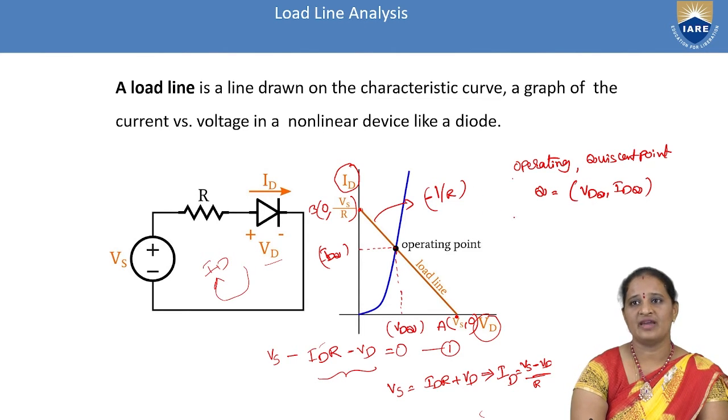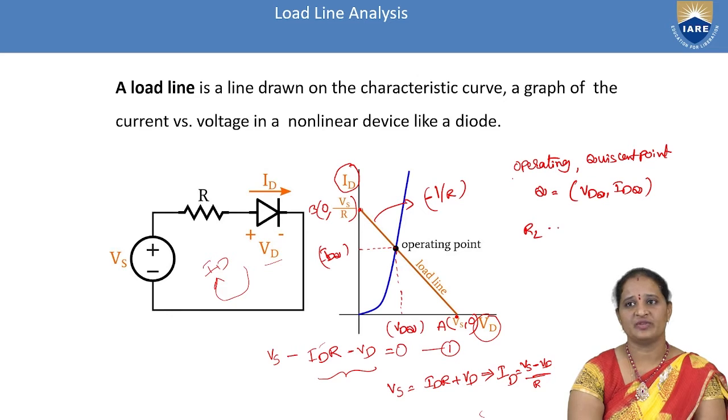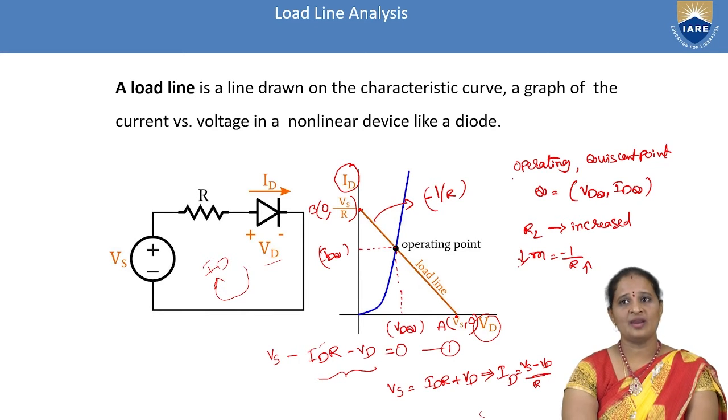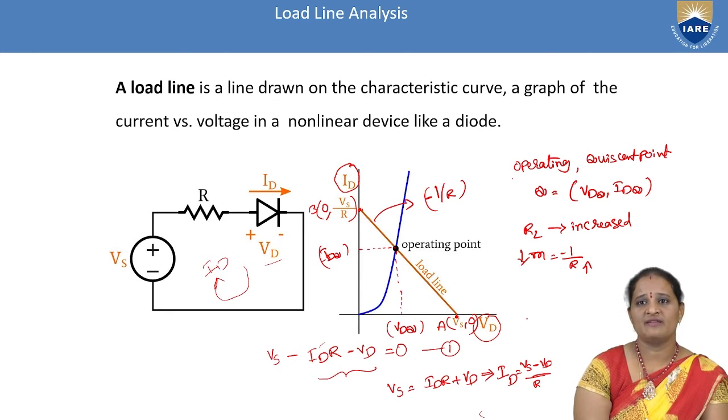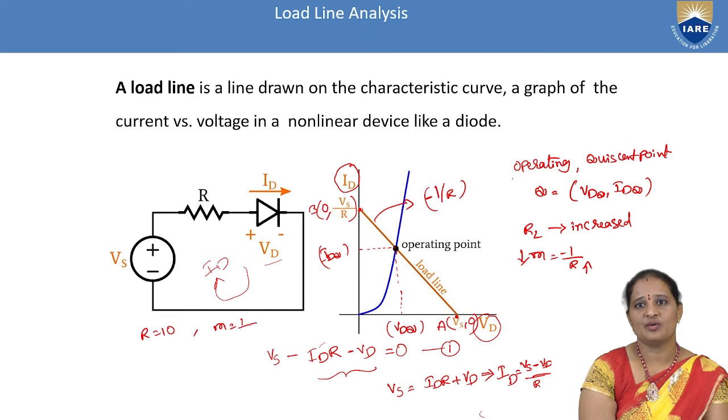So for example, if I consider RL, or else R, is increased, then what happens to the slope? If RL is increased, then the slope m = minus 1 by R will be decreasing. For example, if I consider the R value initially as 10, then the slope value is minus 1 by 10, that is minus 0.1.